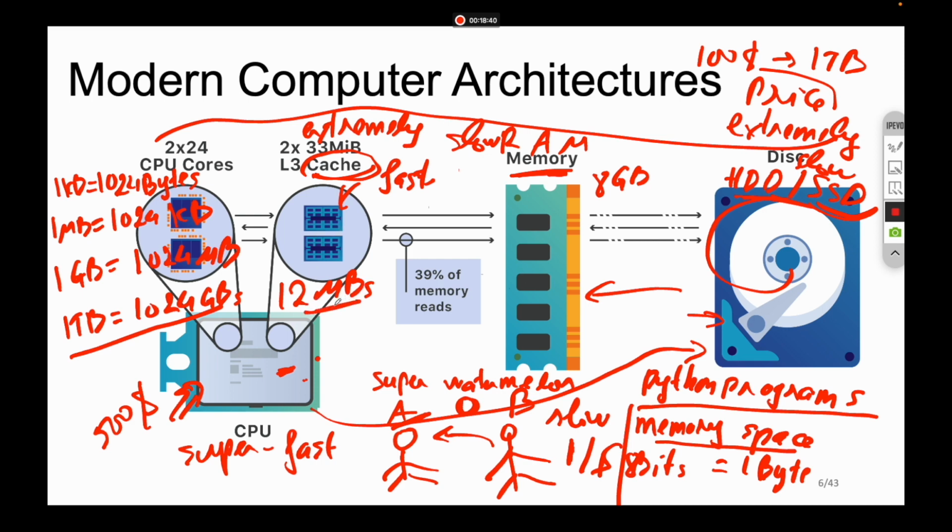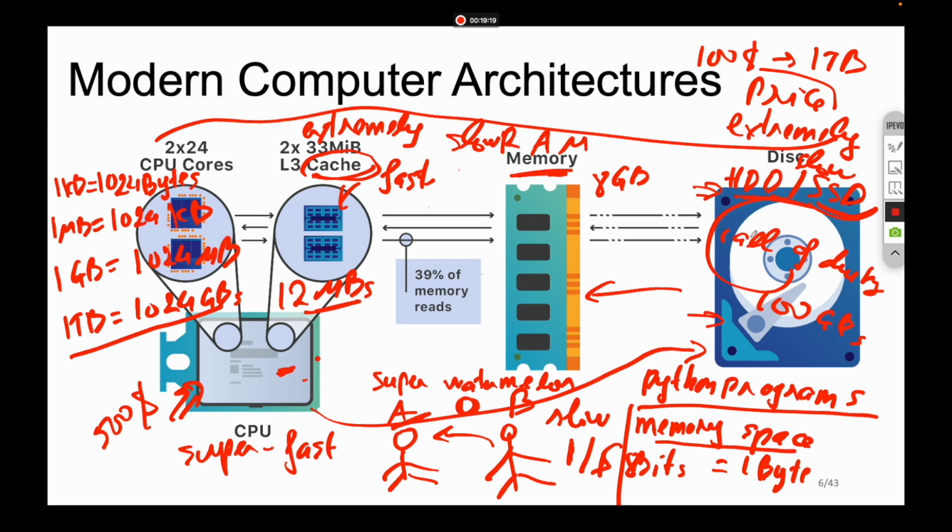So the problem is, if you want an extremely fast memory, it will be expensive. But for storage, you need a very big capacity to store the data, the video games. Maybe if you play Call of Duty, you will need at least 100 gigabytes. So for storage you need a very big capacity, maybe slow but very cheap.